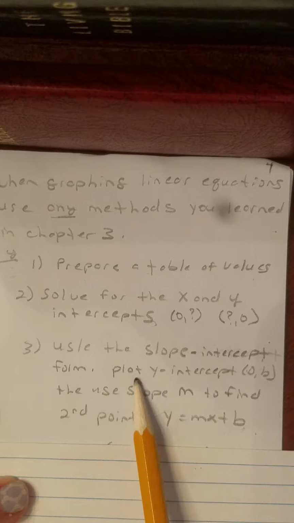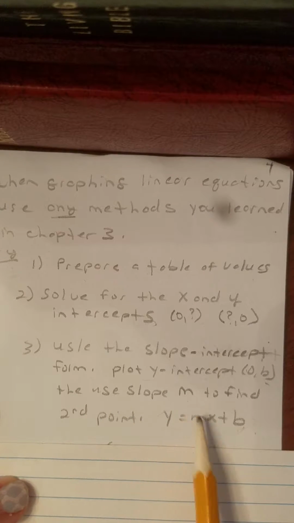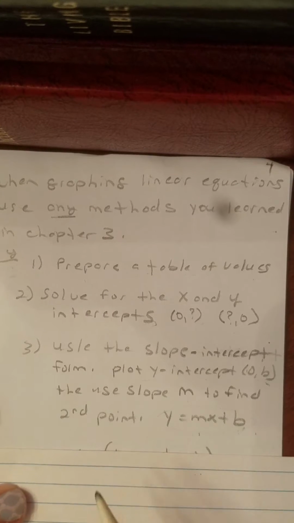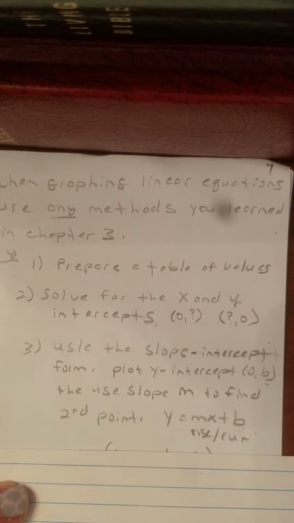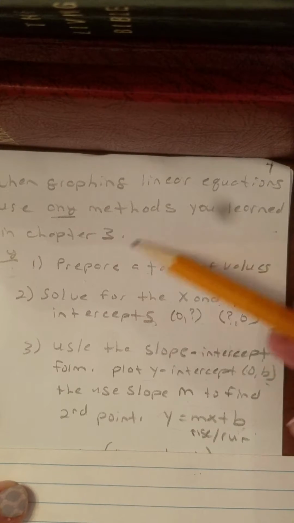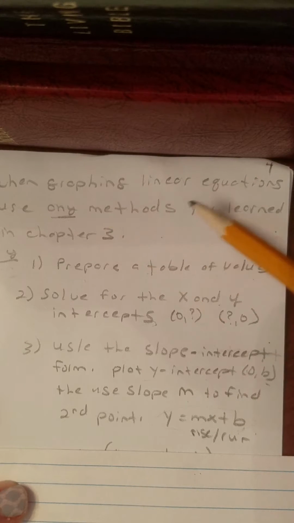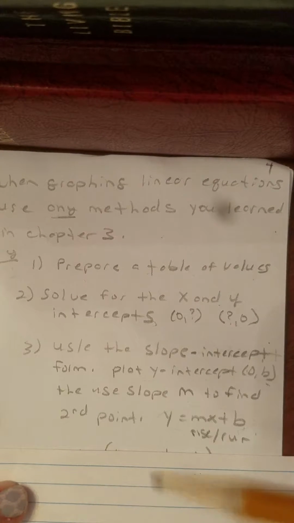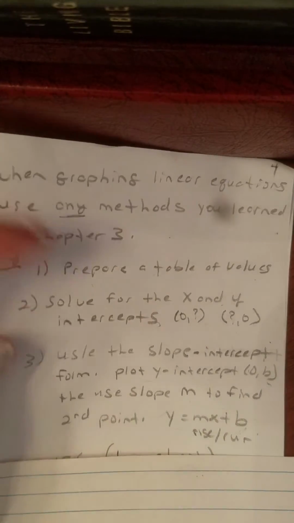You would find the y-intercept, which is (0, b), plot it, then use your slope m to find the next point. Remember, slope m is rise over run. So these are the 3 different ways that you learned in Chapter 3, and you can use any one that you want when graphing linear equations, unless they specifically ask you to use a certain one.